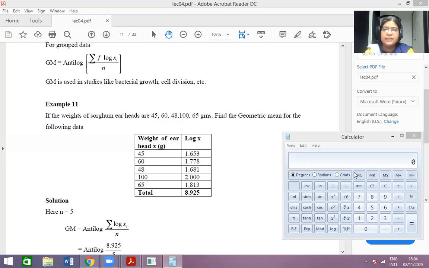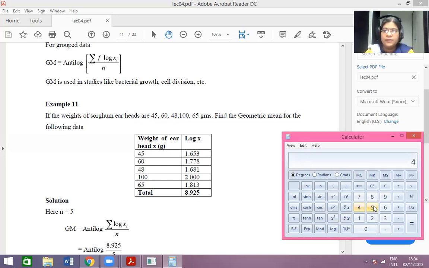In this case we will see in the calculator how it works. So we start with the observations: 45 into 60 into 48 into 100 into 65.